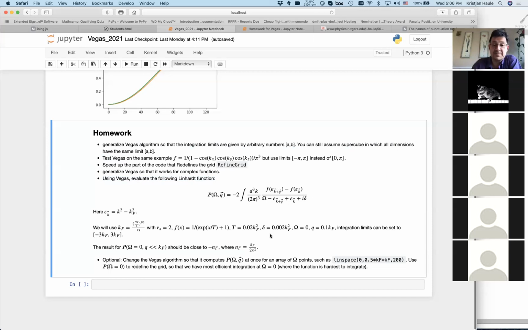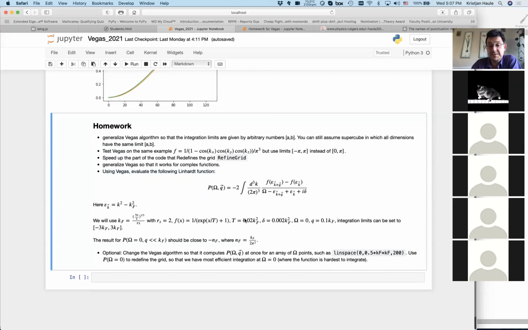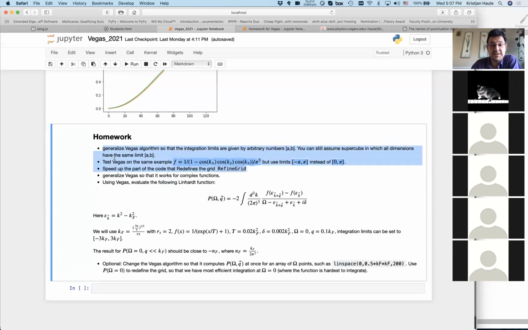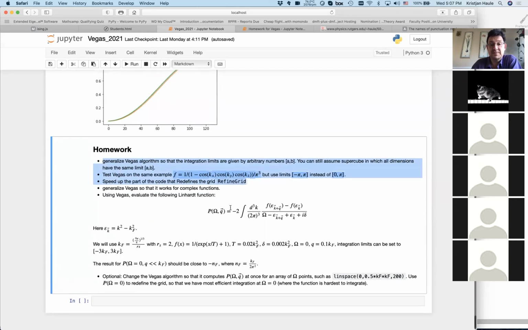I'm going to spend a few more minutes explaining this particular set of parameters that we choose here, so that you're going to be more familiar with this. But let me first solve these first 3 bullets that we have here. The first part doesn't need to rely yet on the polarization function.